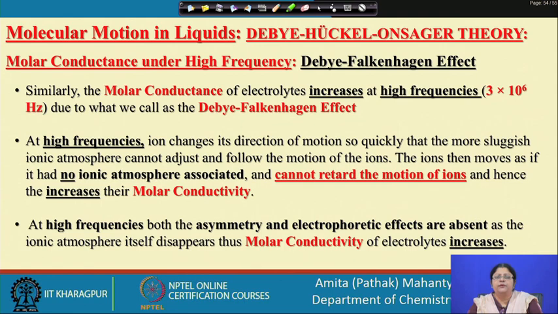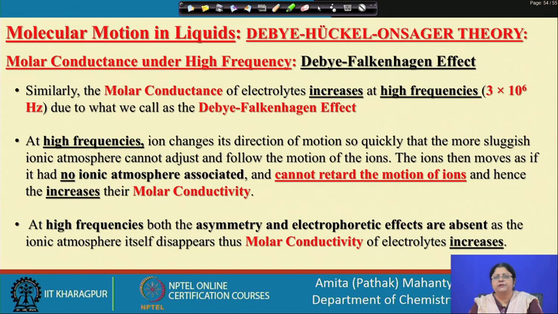Suppose we are doing the experiment; obviously all the experiments are done in AC current. So, once the frequency is going to be clockwise, another time it is going to be anti-clockwise. If the frequency is high, then the ions move in one direction, and as soon as the frequency changes to anti-clockwise, they move in the other direction.